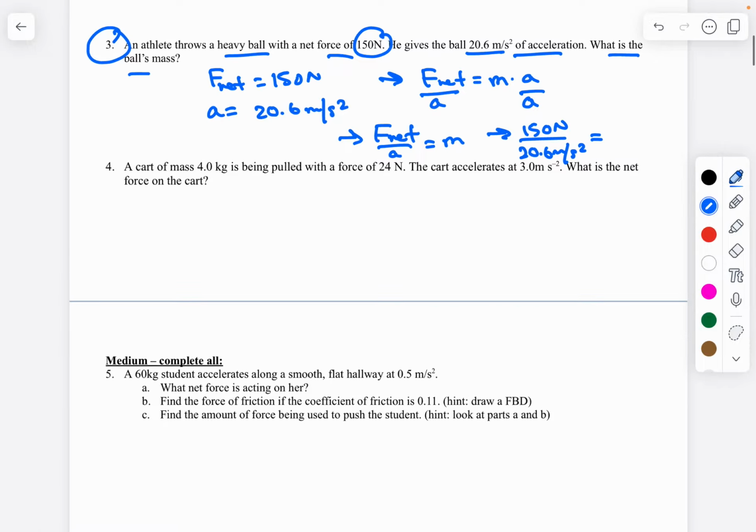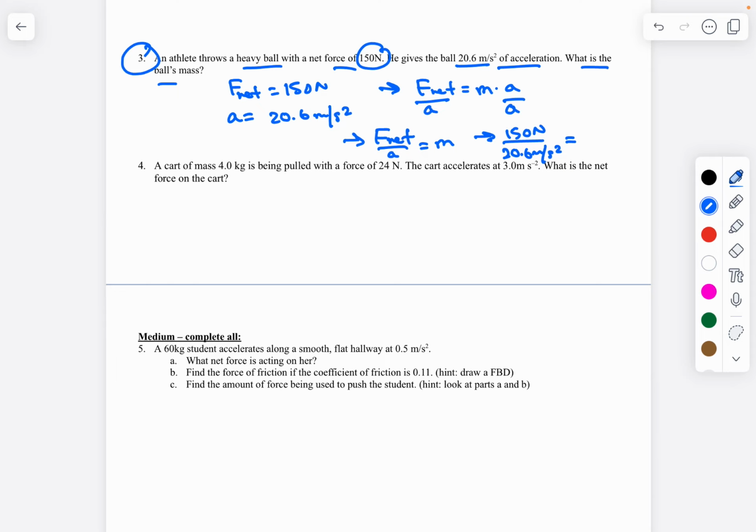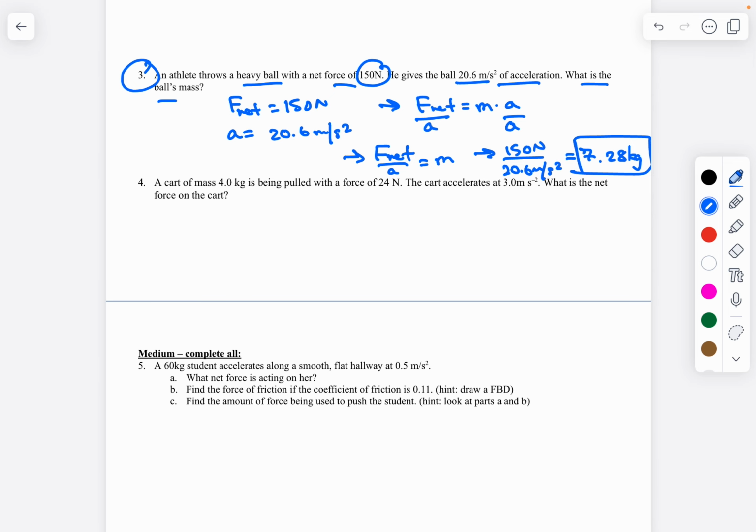I have to punch this in the calculator, so give me a second. 150 divided by 20.6 gives us 7.28 kilograms. Okay, so I'm just going to write that. You can write 7 if you want. Okay, that's pretty cool.